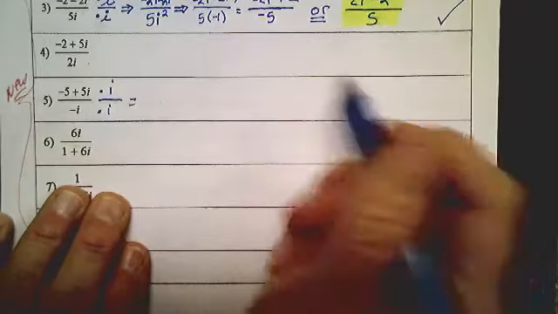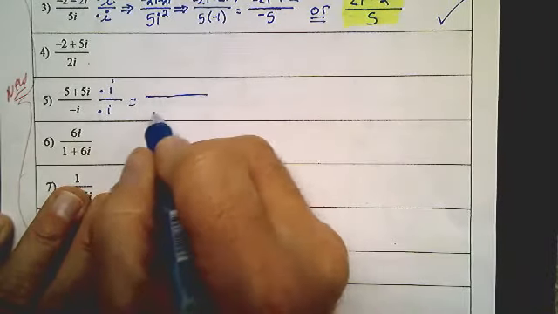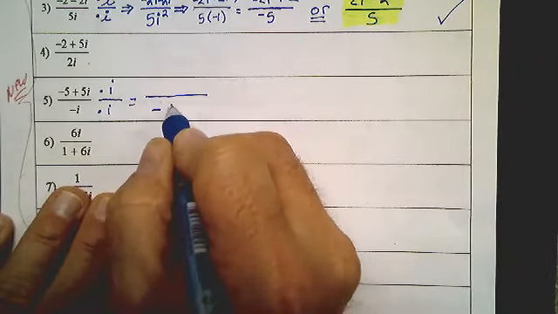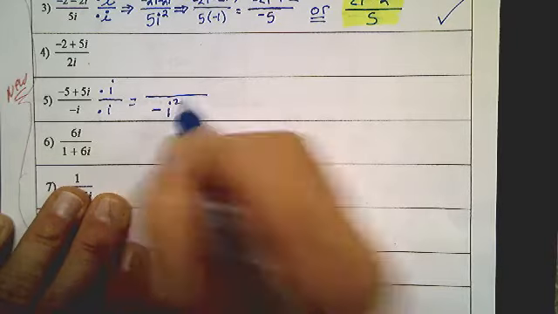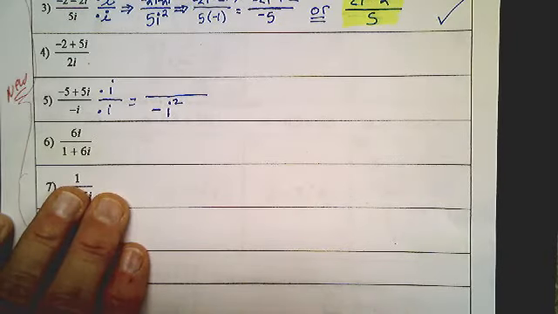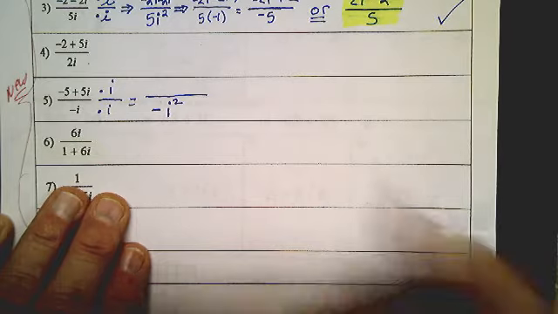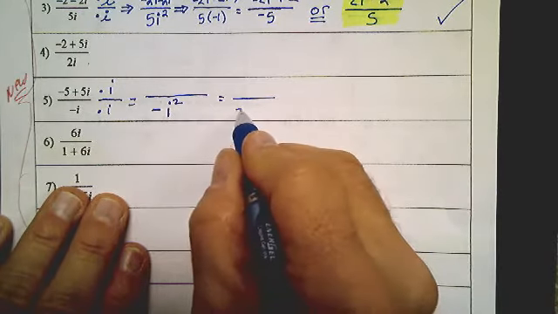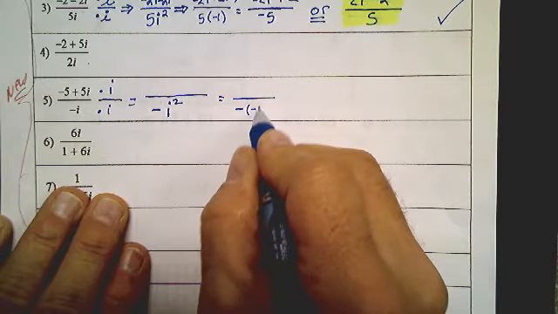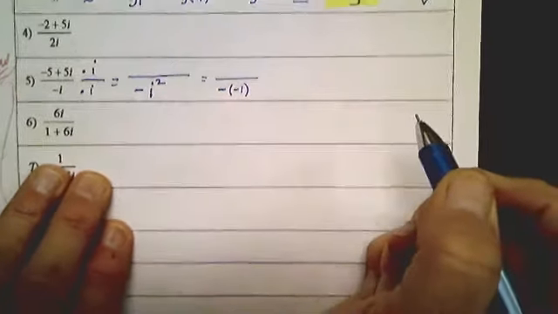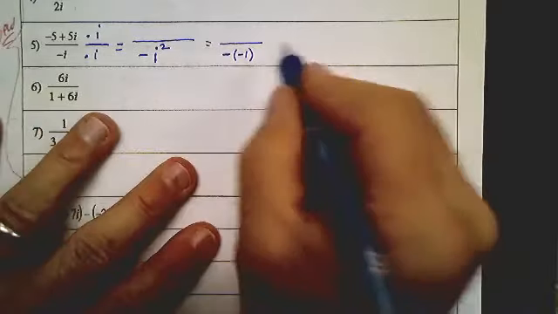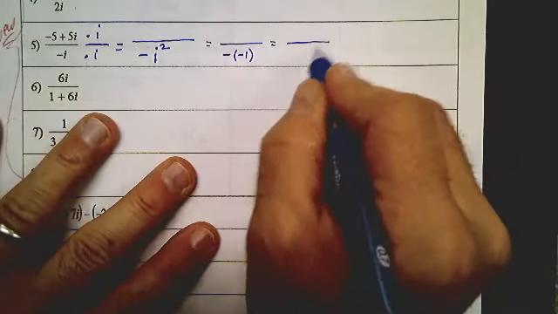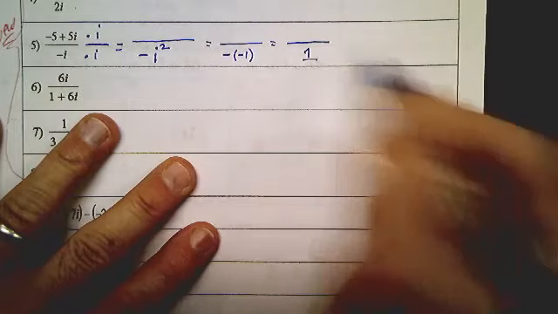On the bottom, I get negative i squared. My i chart tells me that i squared is -1, so now I have -(-1), and that is simply +1.